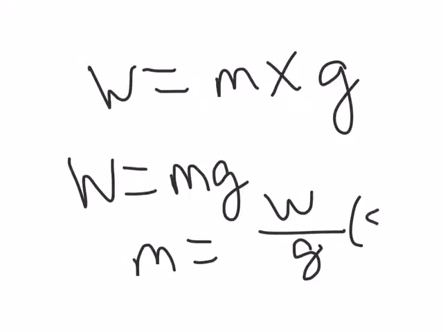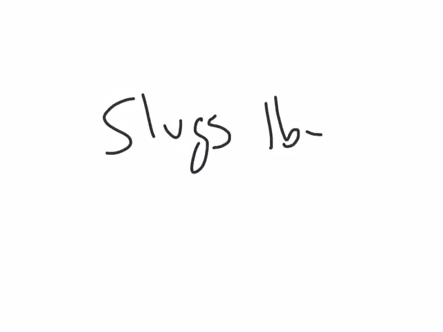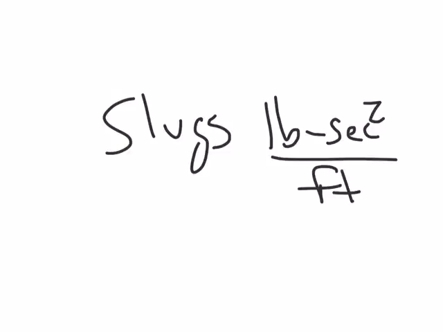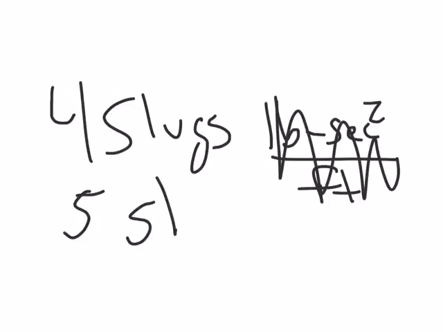And we give this name slugs, which is represented by, if you want to know what the units are, pound-second squared divided by feet. But to make it simple, we just say 4 slugs, 5 slugs, etc.